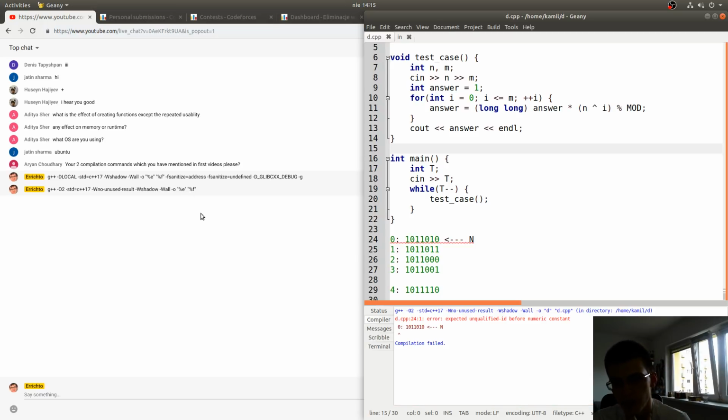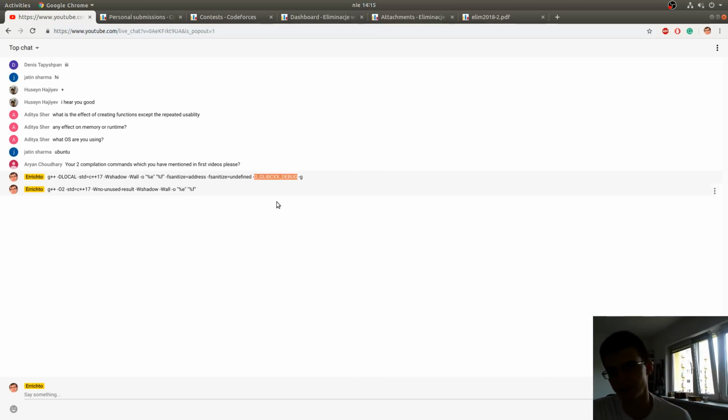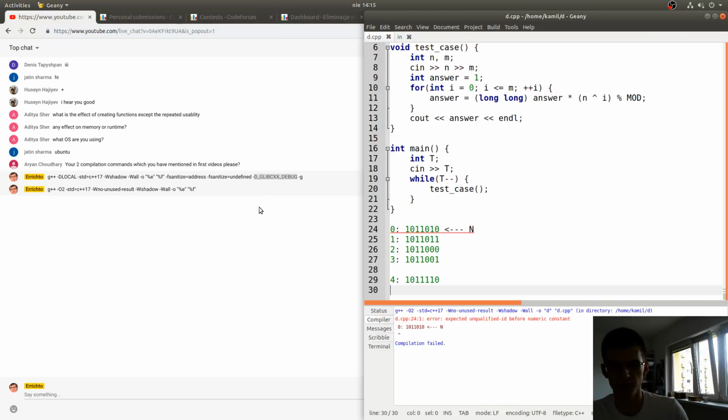But what is more useful are those flags that you see in the first command, sanitizers, that allow me to catch more errors. When I make some mistake and later I run my program, sometimes they will warn me, or they will show me exactly where I have an out of boundaries error or something like that. I do recommend them. Possibly some of them will not work on Windows, so just check what compiles and what doesn't. Maybe, for example, this glibcxx debug will not work. Just leave here whatever works in your system.